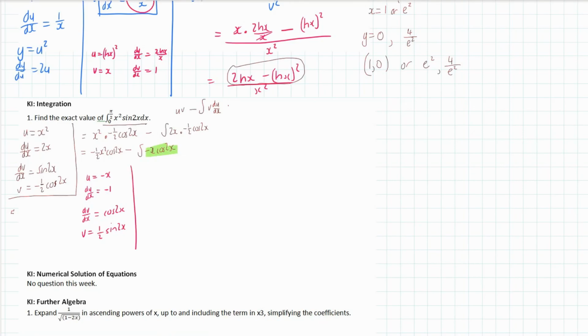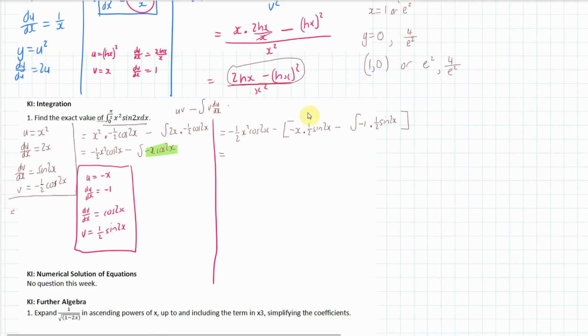Okay, so that's my second little bit of info, and perhaps we'll move things over to this other side here. So we should have equals negative 1/2 x squared cos 2x minus, and then this whole thing in brackets. So I'm going to do uv, so it's negative x times 1/2 sine 2x minus the integral of negative 1, so du dx times v, which is times 1/2 sine 2x.